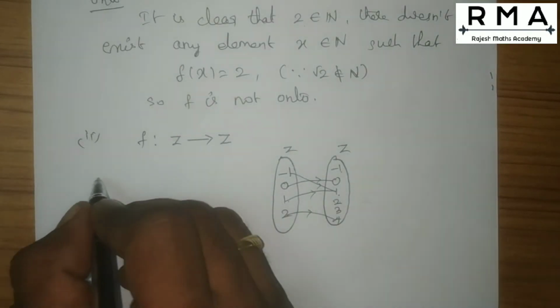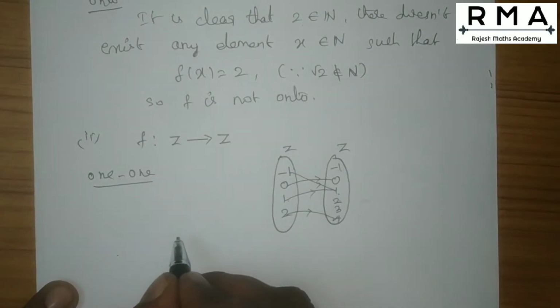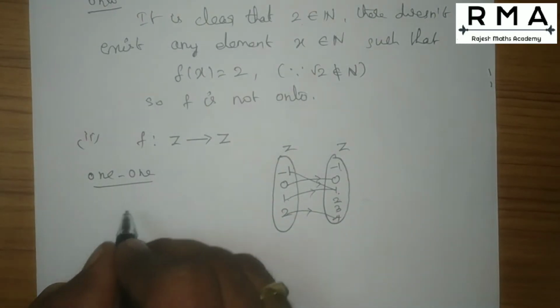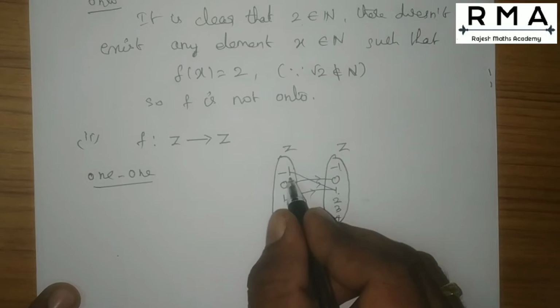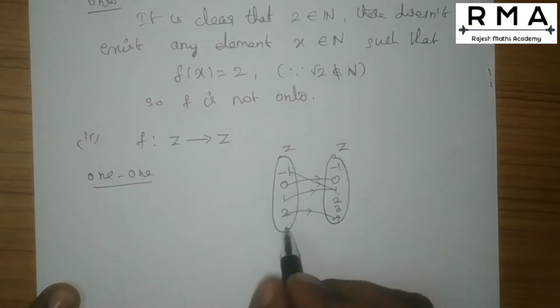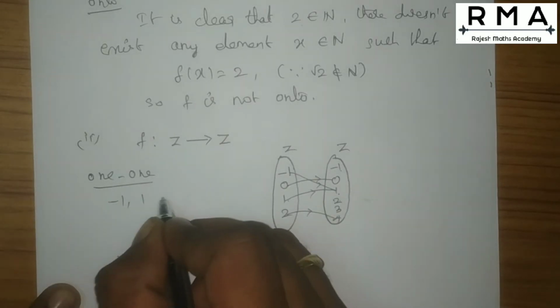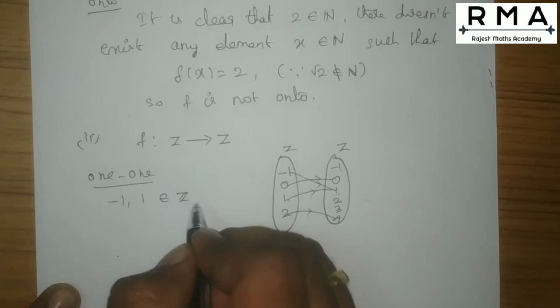Right? Now the one-one proof. We know that clearly it is not one-one, so I am going to prove it. I can take any two elements, either -1 and 1, or 2 and -2, or 3 and -3. Now -1 comma 1 belongs to the integer set. Clear?